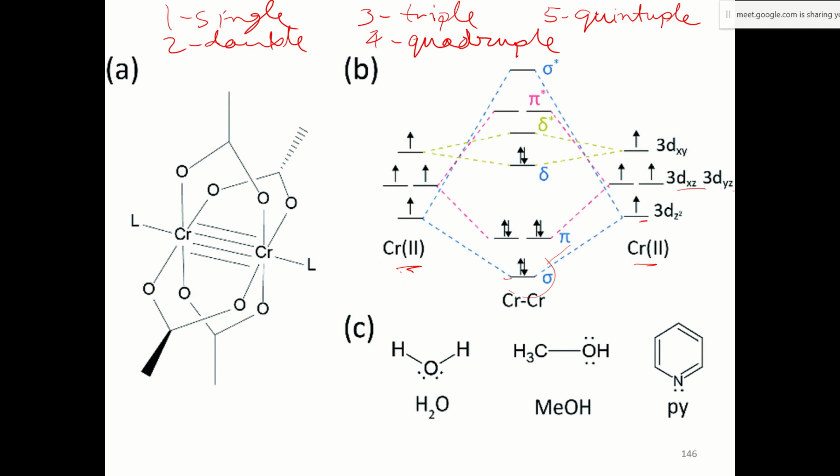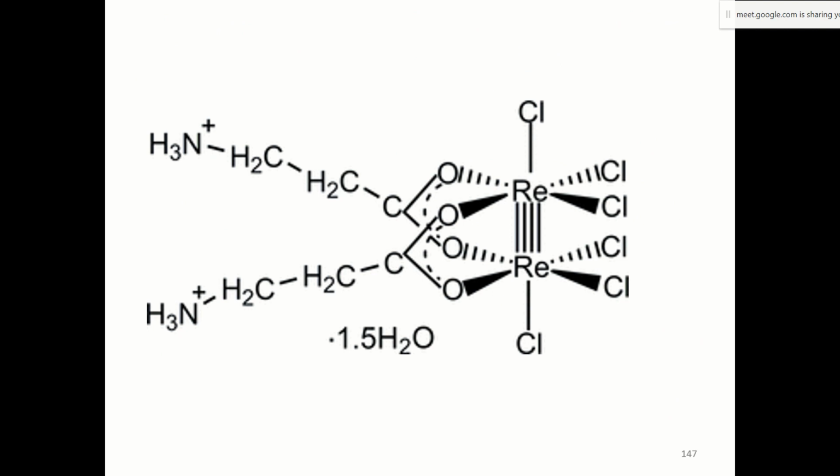Quadruple, and this is example of chromous acetate, this is the acetic acid as a ligand, when you take that, it happens like this. So in case of rhenium atoms, again rhenium chloride, four bonds you can see, so there is only one delta bond that is formed, two pi bonds, so they are the weakest, so that is delta bonds represent the weakest form of overlap between two orbitals, okay.